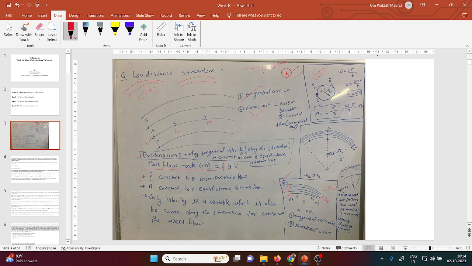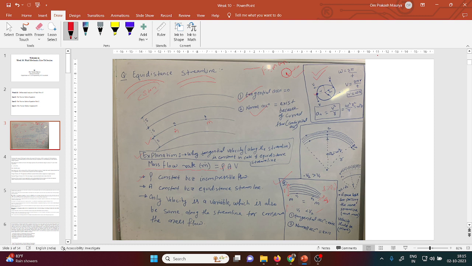If the area changes, the density in this case is constant, there is no issue, but the area is changing because there is more space for entering but less space for leaving. That is why the velocity also changes along the streamline.